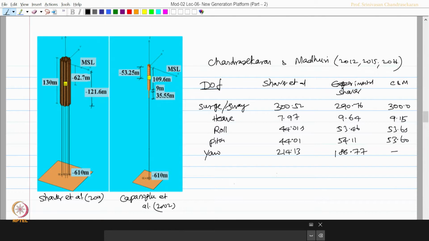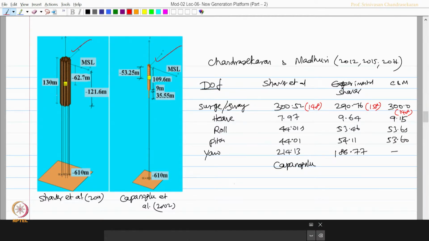Similarly, when you compare this with Kapanoglu, they showed this value as 148 and this is 158, and based on the same model Madhuri showed it is 148, because the model taken by Kapanoglu and that of Shaver et al. are different.